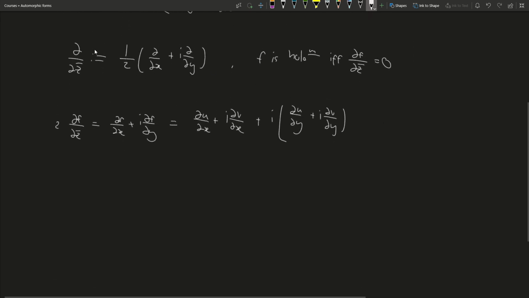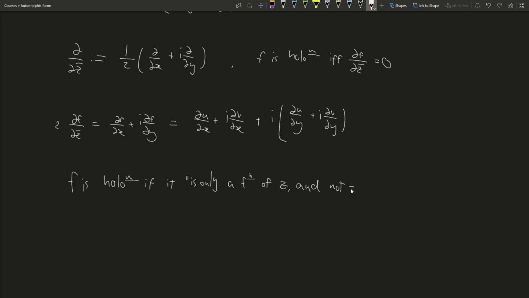And the reason to write it this way is because it gives some sort of very coarse, intuitive statement about what it means to be holomorphic. So f is holomorphic if it's only a function of z and not z bar.